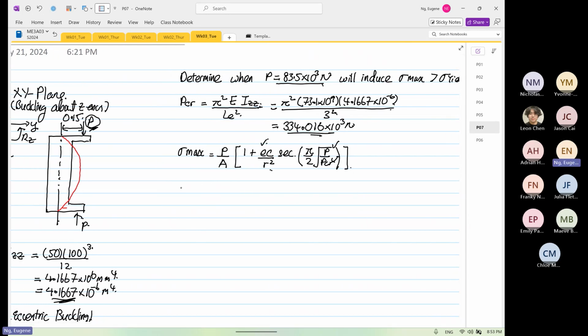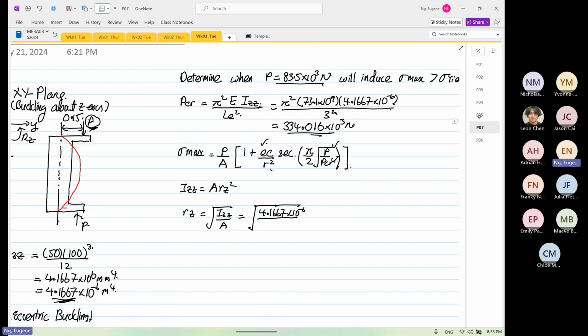So IZZ is equal to A RZ squared. So RZ is equal to the square root of IZZ divided by A. IZZ we know is equal to 4.1667 times 10 to the power minus 6.